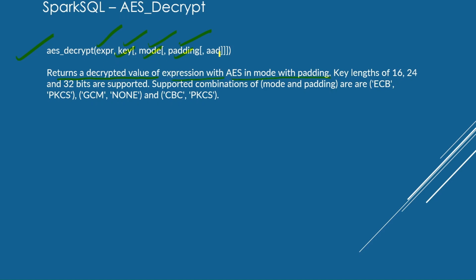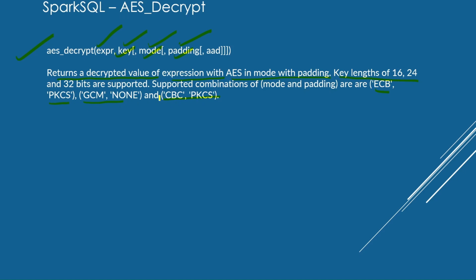Same thing, right? The key which we have supplied here must be 16, 24 or 32 bits in size. It also supports combinations of ECB, PKCS, GCM, none, CBC, PKCS.